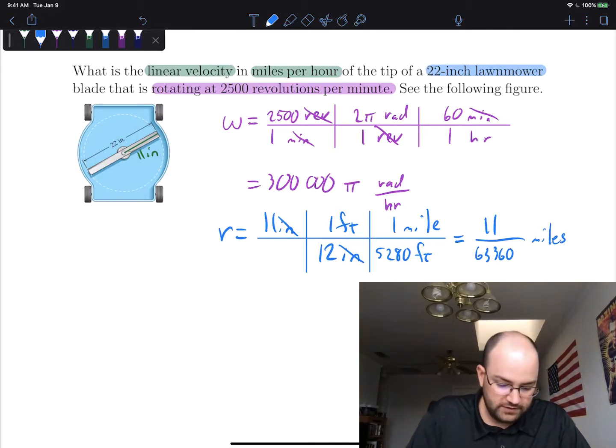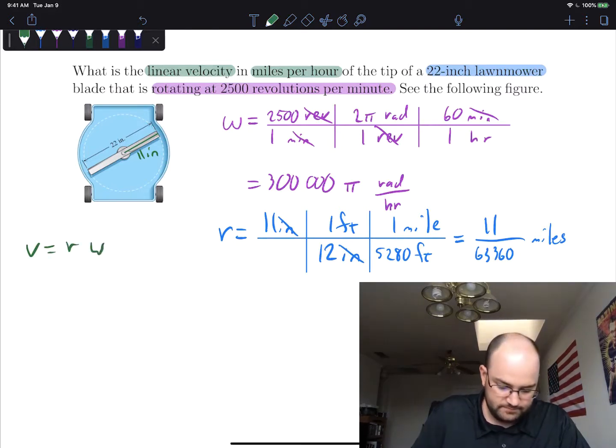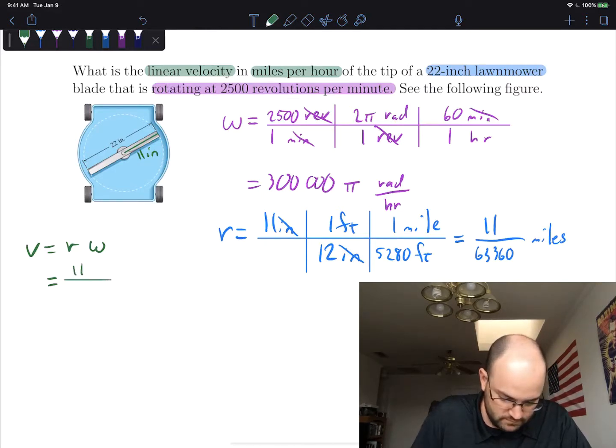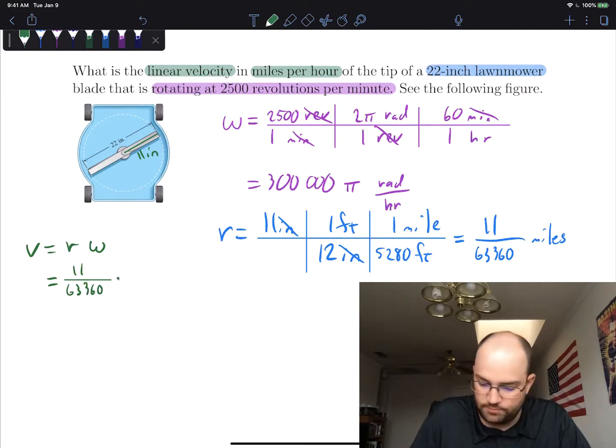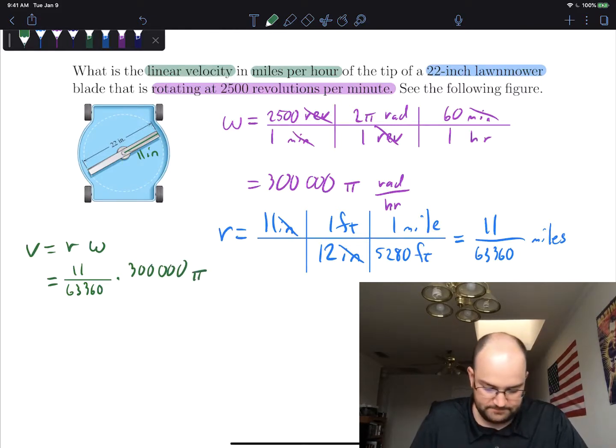As for the linear velocity, V equals R omega. So plugging in R, R is 11 over 63,360, then times omega of 300,000 pi. And frankly, I'm just going to go ahead and round this. Type this into the calculator.